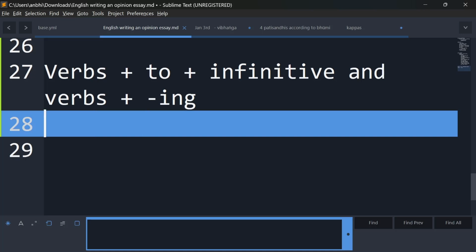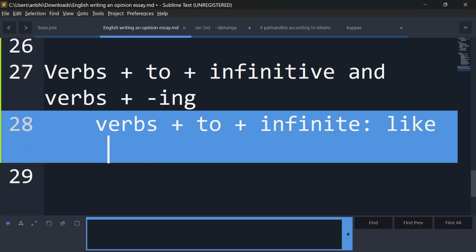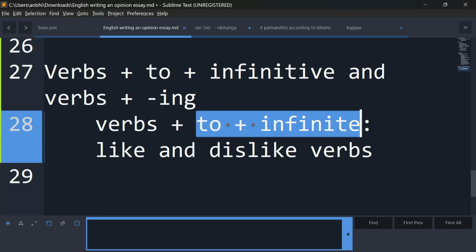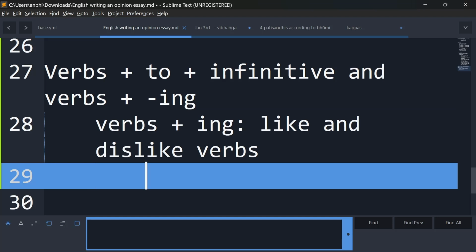Copy, paste. Verbs plus ing: like and dislike verbs. Types of verbs, not only like and dislike, but this type of verbs. Verbs plus ing, like and dislike verbs.